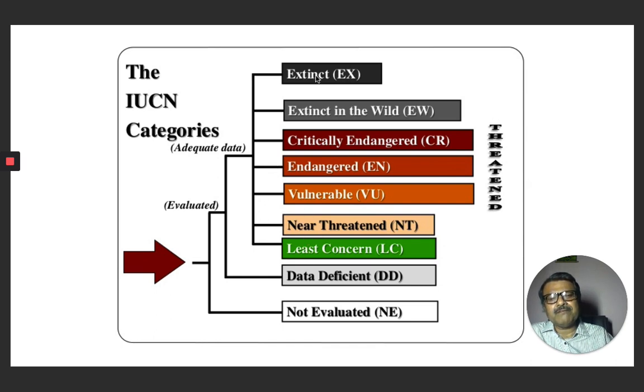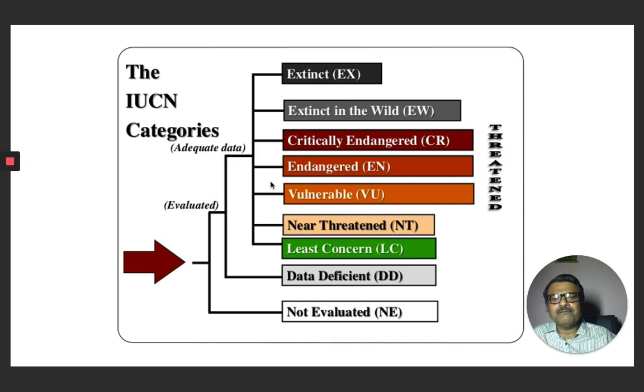The above 7 groups have adequate data. They have been categorized on the basis of adequate data, meaning sufficient data is available to categorize them. Data deficient means the species have less data, so they cannot be further categorized into the above 7 groups.